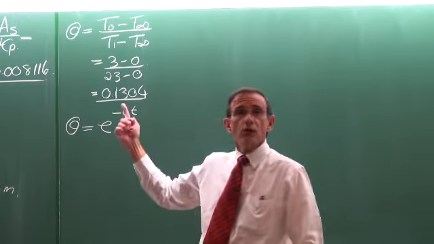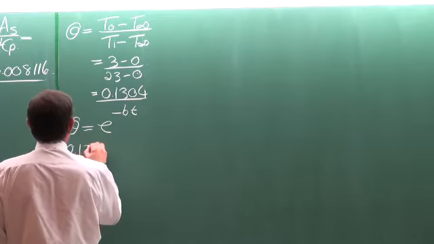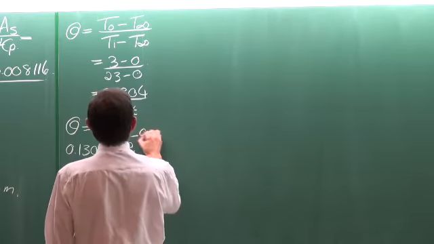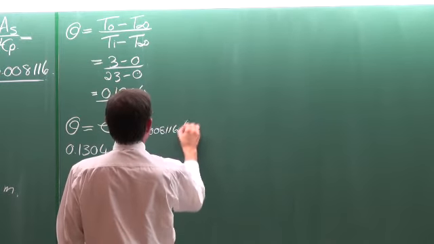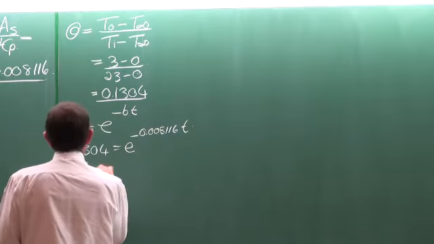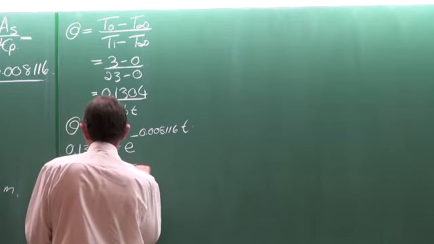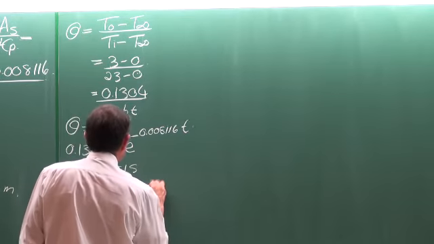And everything is now known. The non-dimensionalized temperature, 0.1304, is equal to e to the minus 0.008116 multiplied by T. And from it we can calculate T as 251 seconds, which is 4.18 minutes.